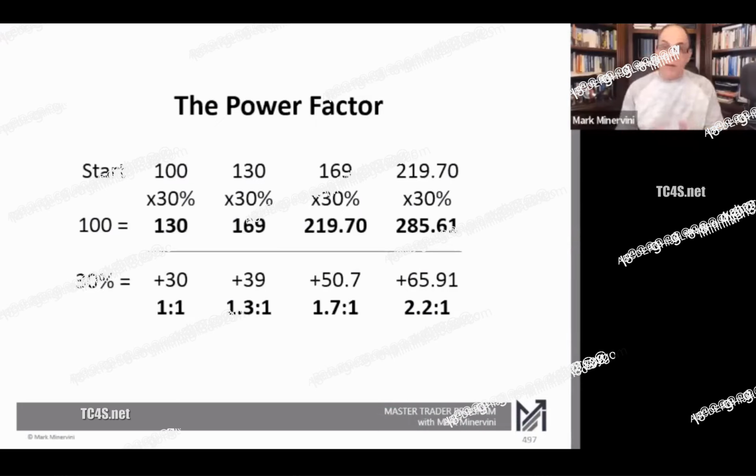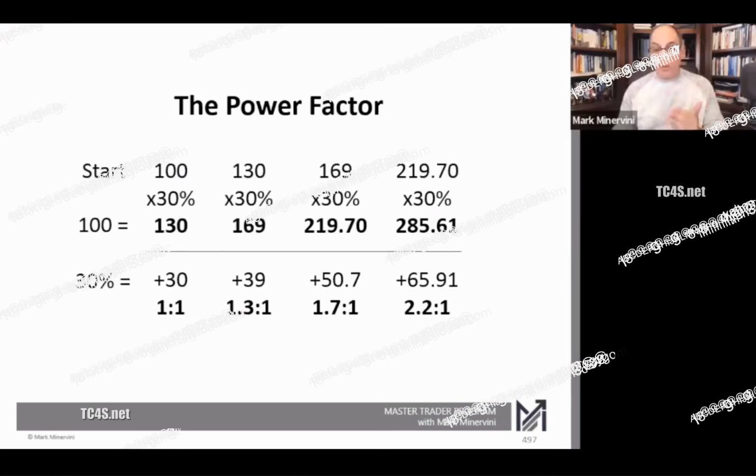Now, those of you who understand compounding, this is very, very basic, but it's important to understand the power of moving up from those levels, and always capping that downside even when you're already up. The power factor works if you constantly create asymmetric leverage. You have to think not just from the starting point, but always think risk versus reward and maintain asymmetric leverage.